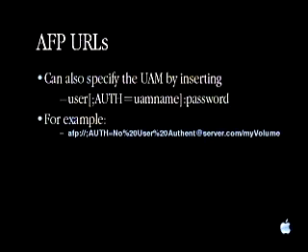You can specify user authentication method names in there by inserting the auth equals UAM name construct into them. The example there, is it legible for you folks? Okay. Is the way to specify guest login in AppleShare. So that's using the no user authentication UAM.